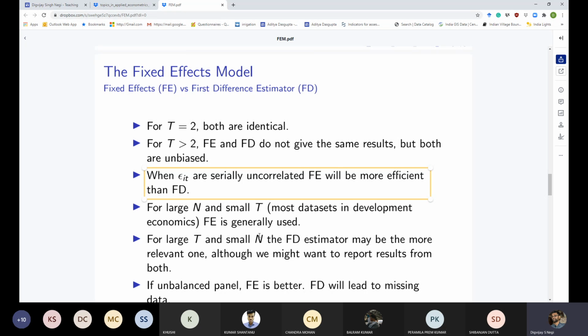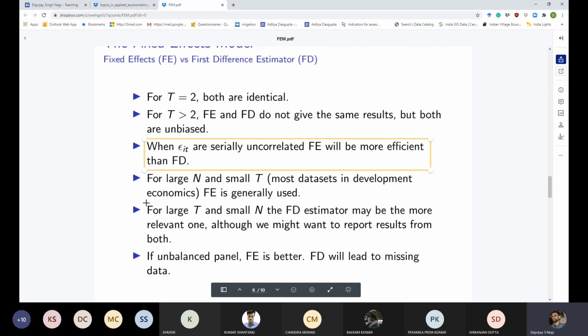In that case, where N is very large and T is very small, which is how most data sets in this literature are, we generally use the fixed effects model. Rarely will you see people doing first differences. There are exceptions, but most of the time people would be using fixed effects.